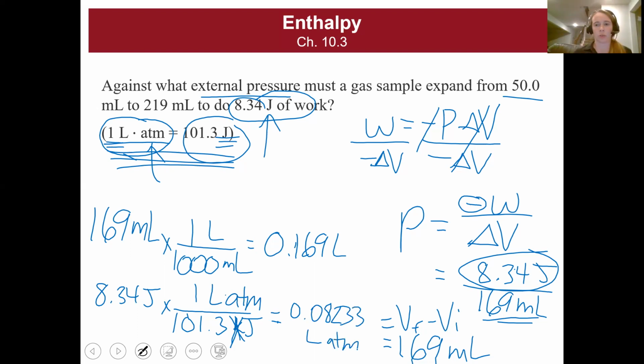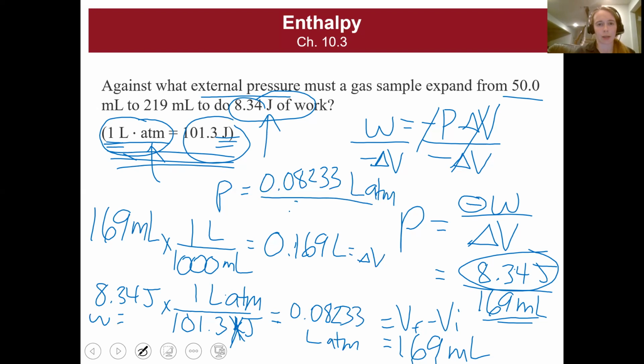Okay, so this is my work, still work, and this is delta V. So we plug it all in, and we find that P is equal to 0.0823 liters times atmospheres divided by 0.169 liters. That's how we get our liters to cancel out.